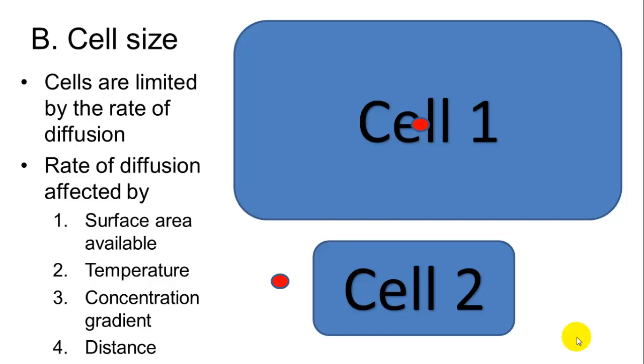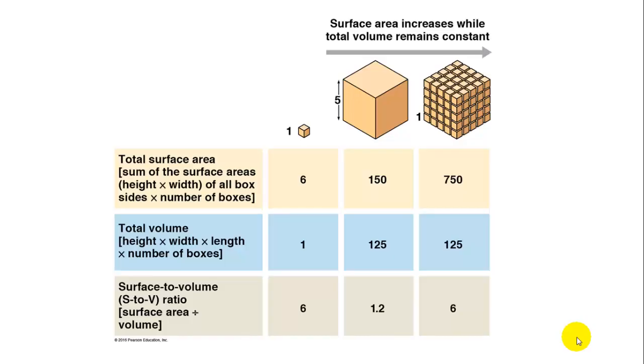Whereas in a smaller cell, cell 2 here, it's going to be able to diffuse at a rate which is fast enough to get oxygen to every part of the cell. So this really is a function of surface area to volume ratio. Other things that are going to affect diffusion, however, like I said, surface area, the temperature, the concentration gradient of whatever substance is going in and out, and then of course the distance.